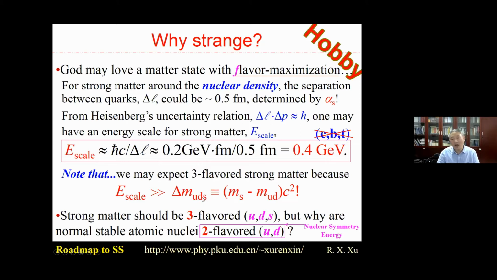So it's massive compared to up and down quarks, but this strange quark mass is much smaller than the energy scale of our dense matter. So strangeness should be very significant when we try to solve the equation of state of dense matter after a core-collapse supernova.